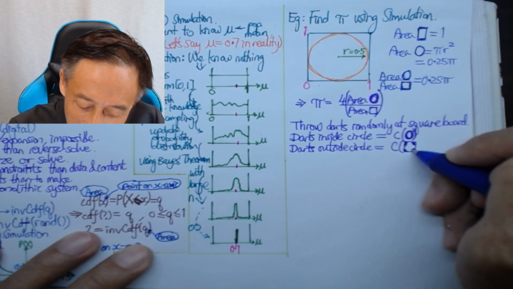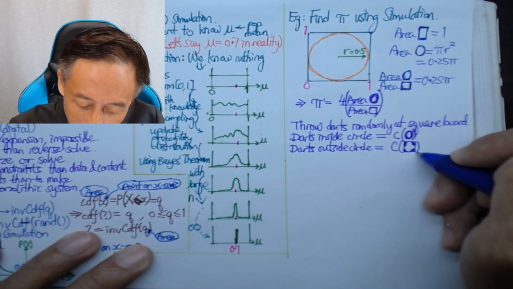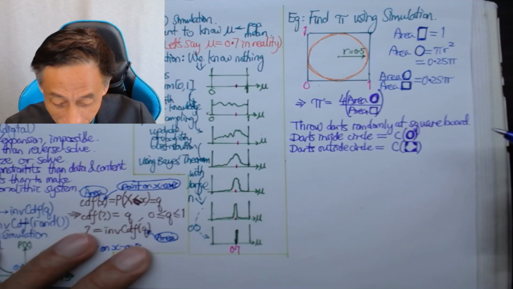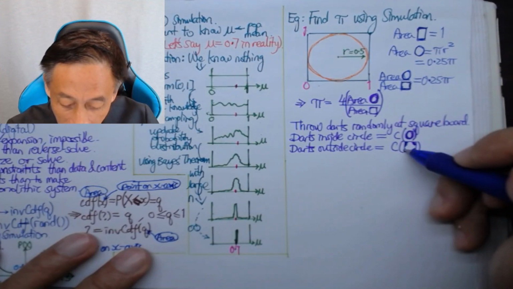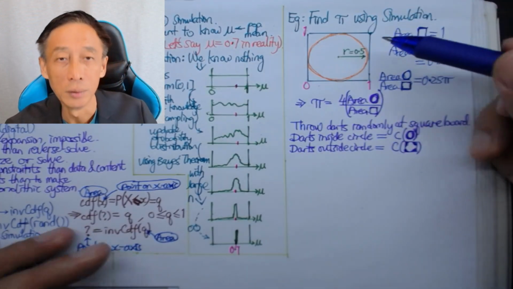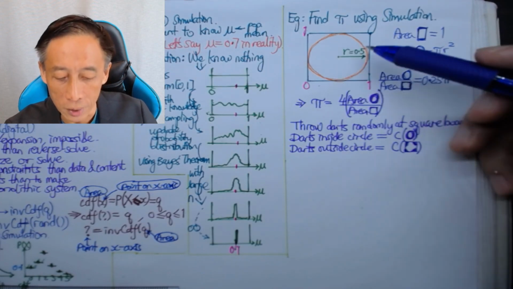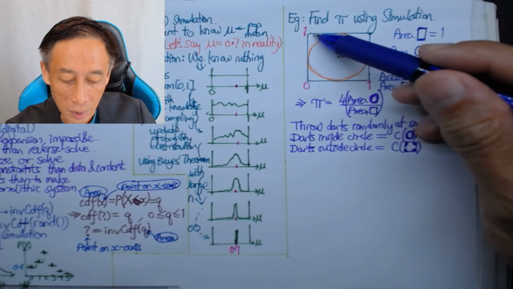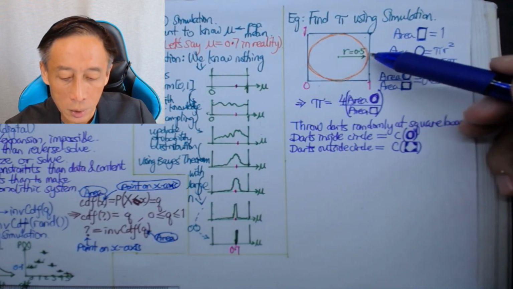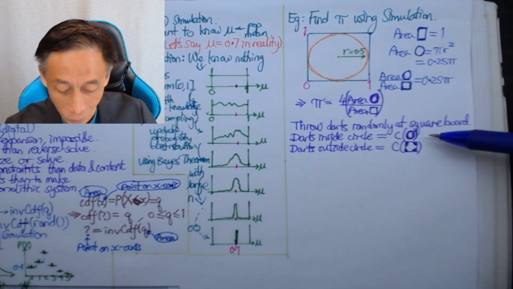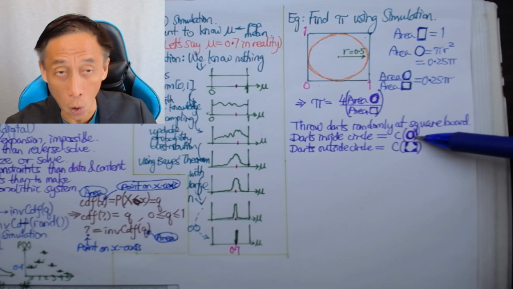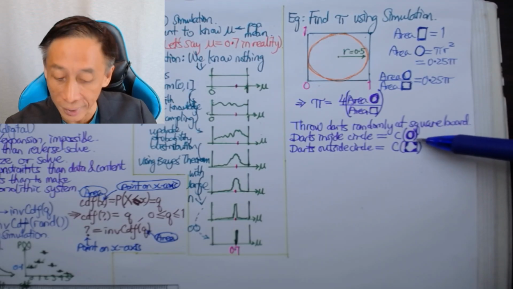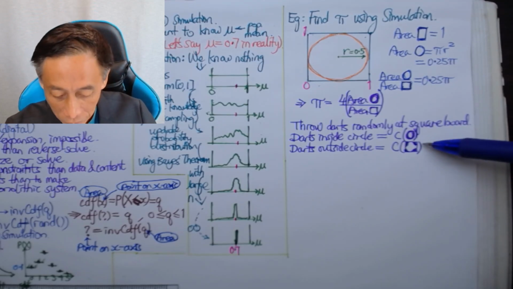That means they are outside the circle, but inside the square. Okay, so that means the darts will be grouped into two parts. All right, so they are in these four corners or inside the circle. So it's mutually exclusive. All darts will be in either one of these, right? And never in both, and always in one of these.